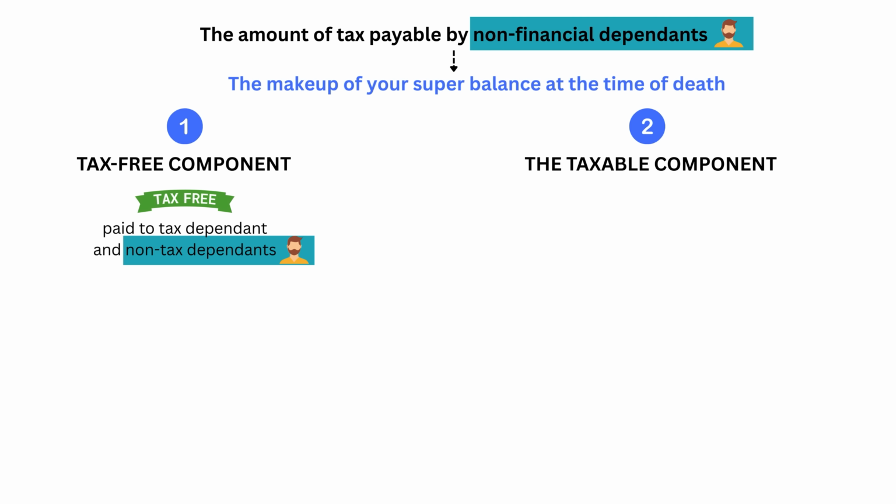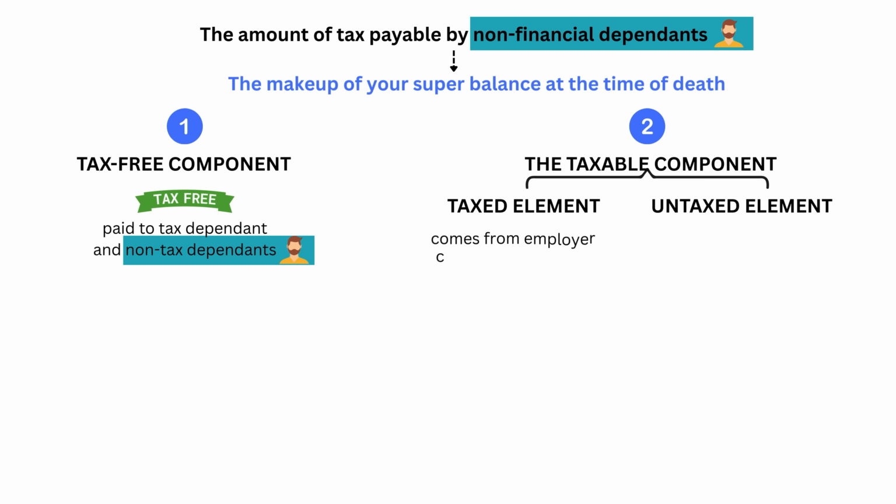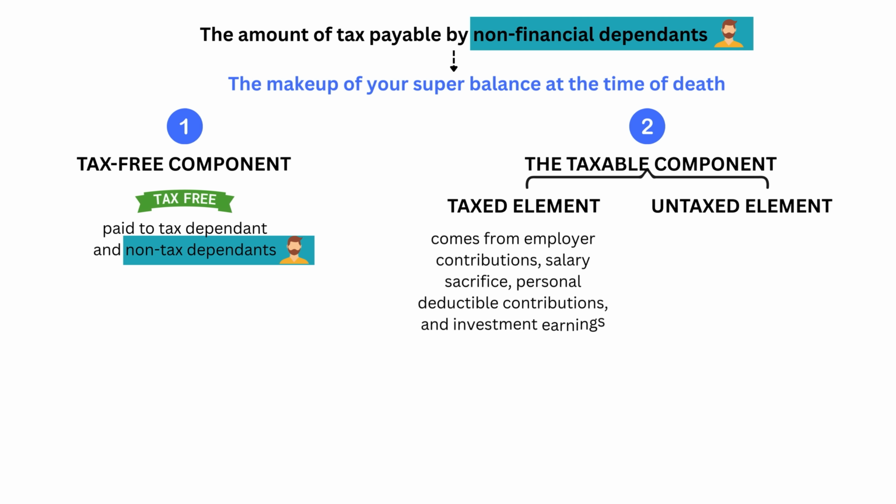Within the taxable component, there are 2 elements, the taxed element and the untaxed element. The taxed element comes from employer contributions, salary sacrifice, personal deductible contributions, and investment earnings that have already had some tax paid inside the fund. For most people, this makes up the bulk of their balance.